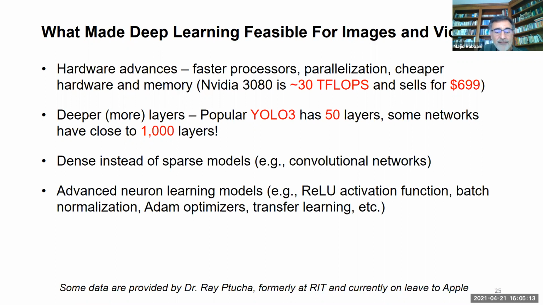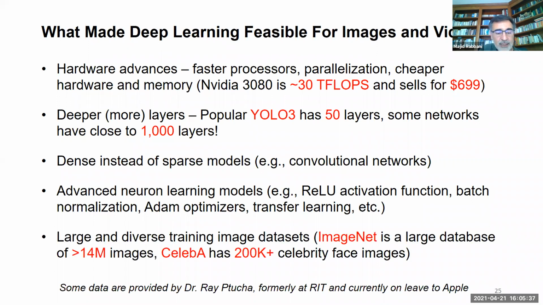And there are some advances in neural learning models like the ReLU activation function, batch normalization, and Adam optimizers, all of which are topics of courses. And of course, I cannot make them any simpler, as Einstein says, but they all have made contributions to the decade of advancements in deep learning.